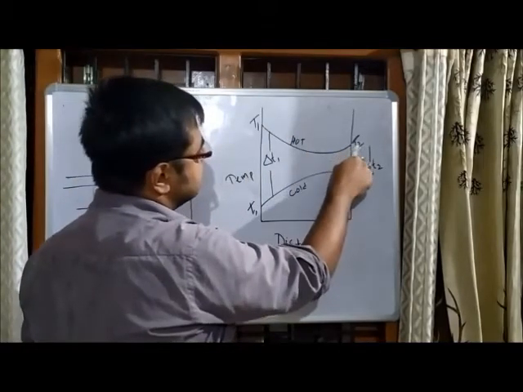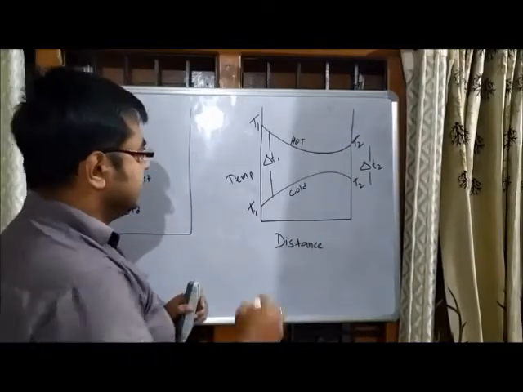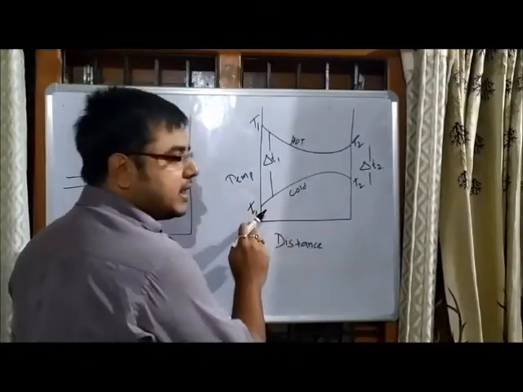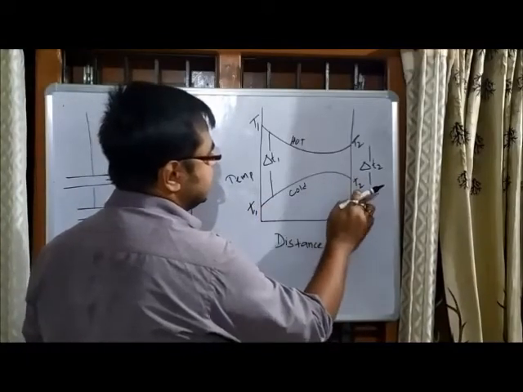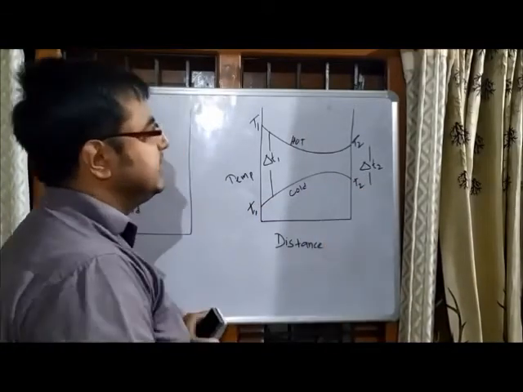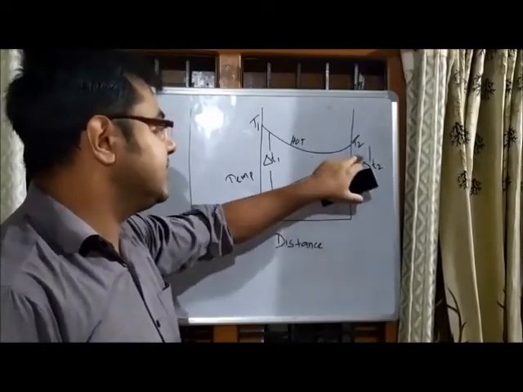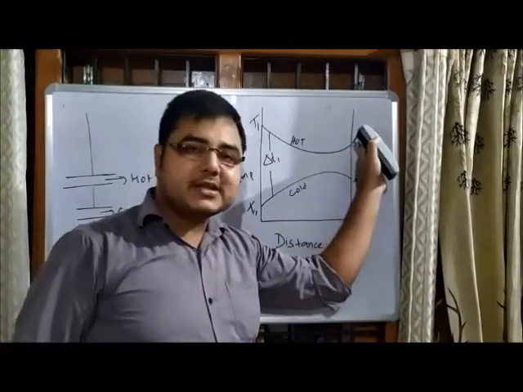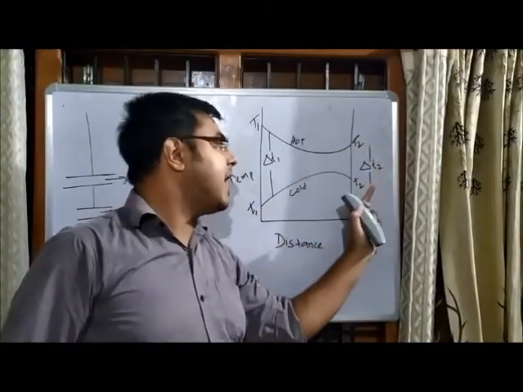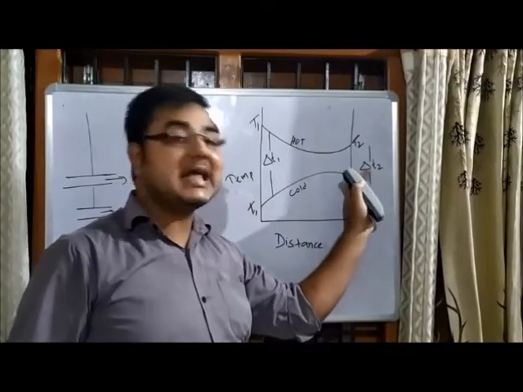It reaches this temperature T2, and the cold water immediately reaches a higher temperature, the small t2 here. The difference in temperature between these two, the lower temperature of the hot fluid and the higher temperature of the cold fluid, is depicted as delta T2.